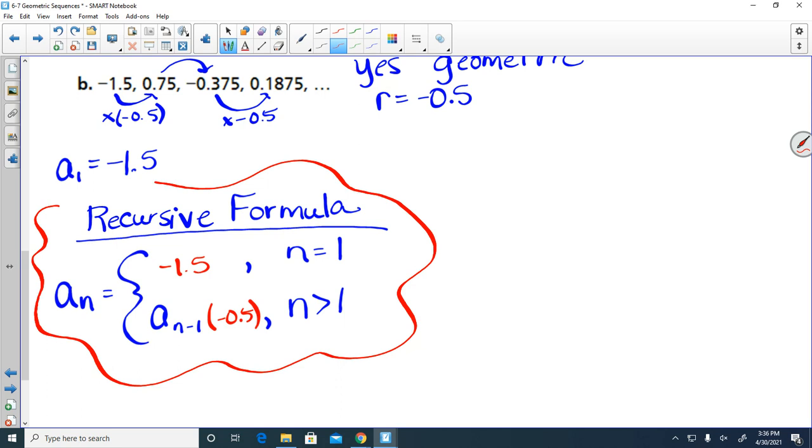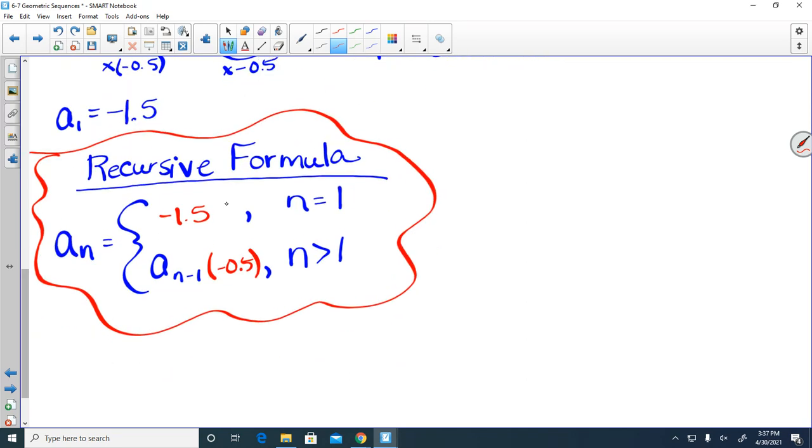Now, what does this do? It says there's a geometric sequence. The first term is negative 1.5. After that, you take the previous term and multiply by negative 0.5. So what I could get from this, I could say, okay, well, that's negative 1.5. To get my next term, I would take this, multiply it by negative a half, and get 0.75.